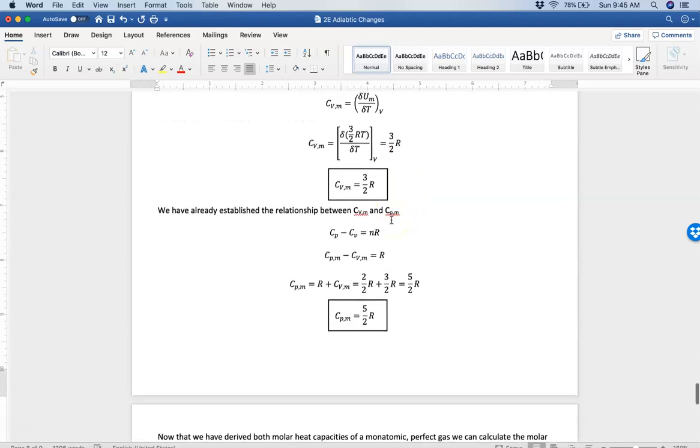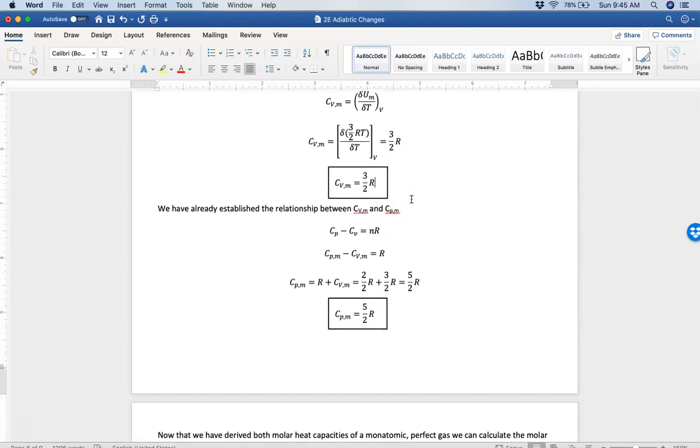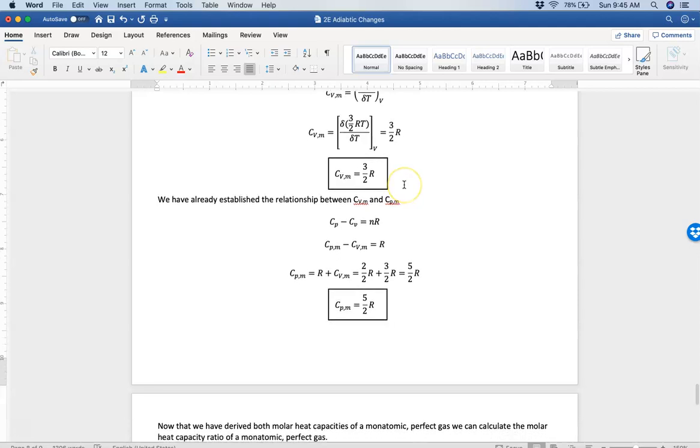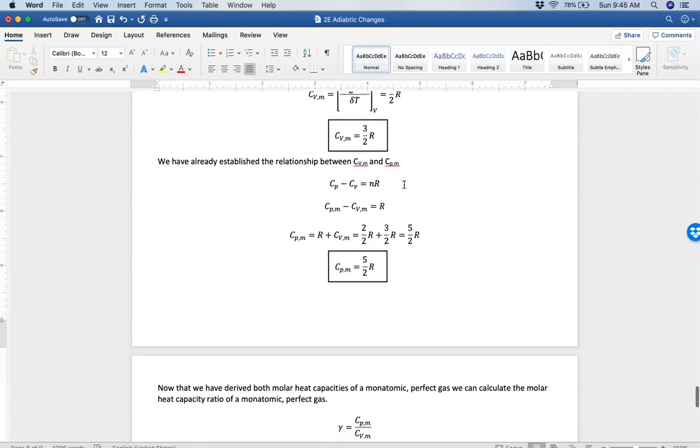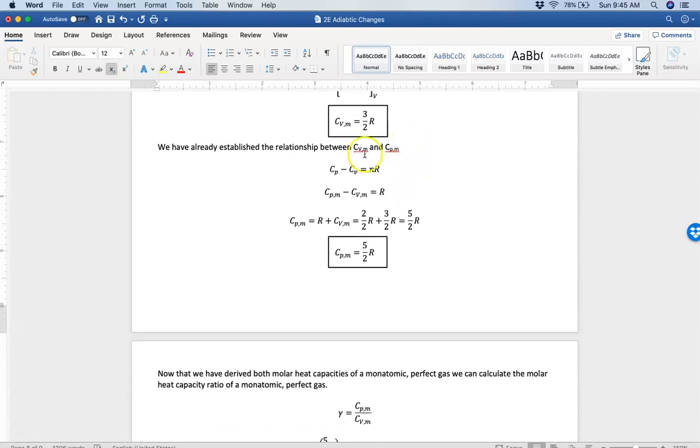And this is what we've seen before several times, that the molar heat capacity at constant volume of a perfect gas is 3/2 R. If you were doing this for a single molecule, it would be CV equals 3/2 Kb, right? So we've already established a relationship between the molar heat capacity at constant volume and the molar heat capacity at constant pressure, right?